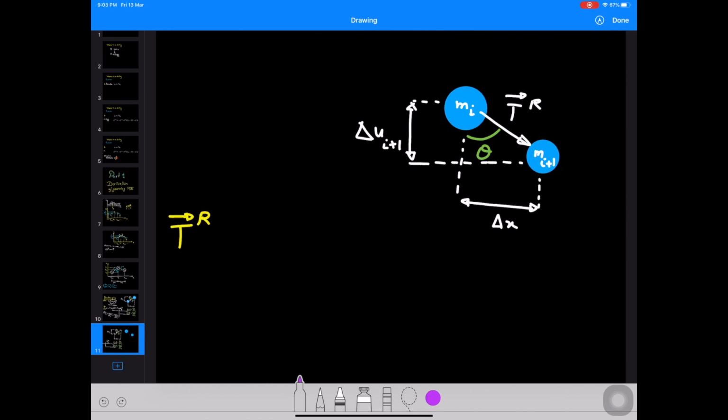Similarly, for the tensile force on the right side, Tr, between the point mass mi and the next point mass mi plus 1, it will have two components: one positive component on the x side, which is T sine theta, and another component on the y-axis which is a negative one, and it is equal to T cosine theta. So Tr will be equal.